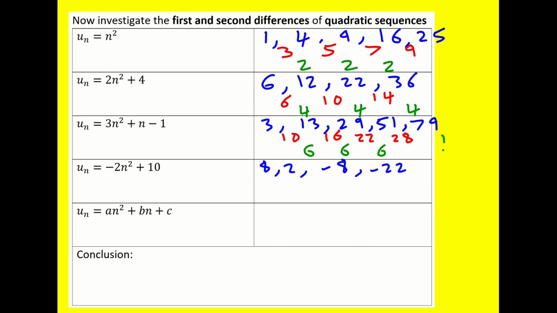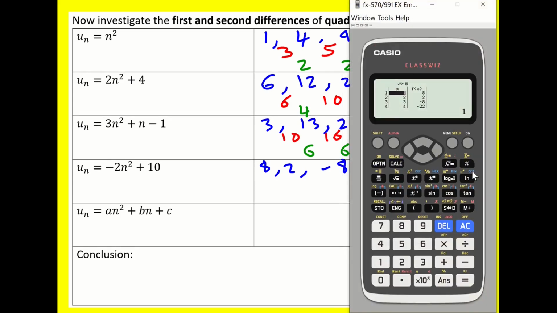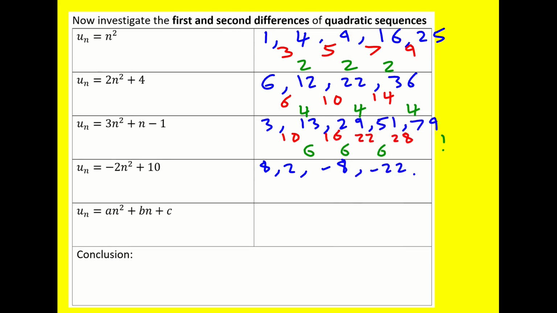I'll just write down the next one. Minus 40. So this time we've got minus 6, then minus 10, minus 14, minus 18. Second difference is going to be minus 4 each time.